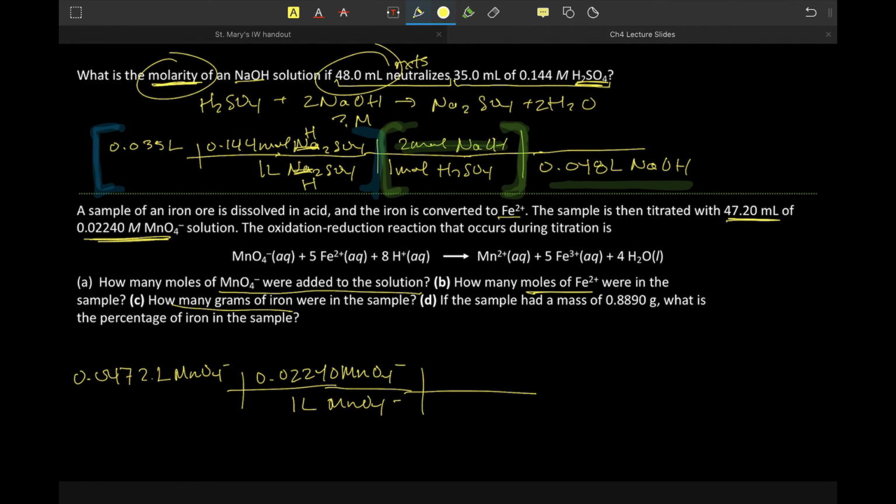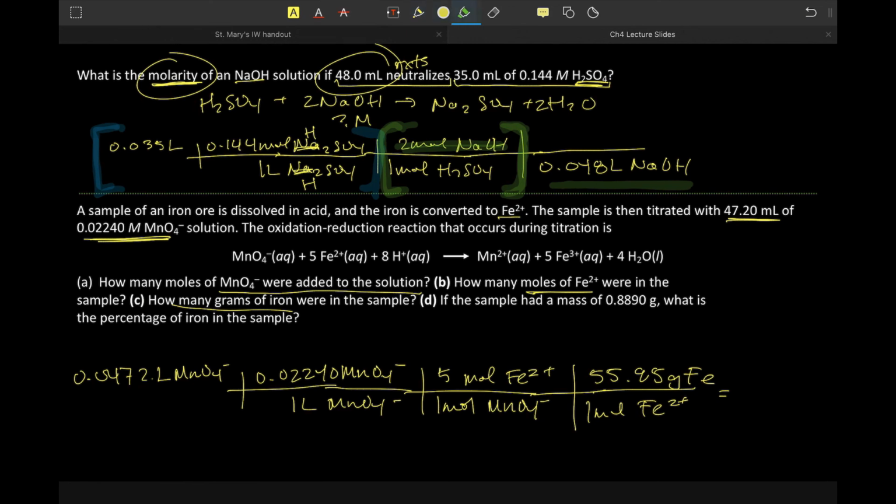Now we're at moles of our known, so we've just solved for A. And then we will go ahead and take our 1 mole of permanganate, and that correlates with 5 moles of iron 2+. And then question C asks us to convert to grams, so for every 1 mole of Fe2+, we would say that's 55.85 grams of Fe. In that, to become a 2+ ion, all that happened to it was it lost 2 electrons, which is negligible in the land of mass, so we can just use the mass of iron.